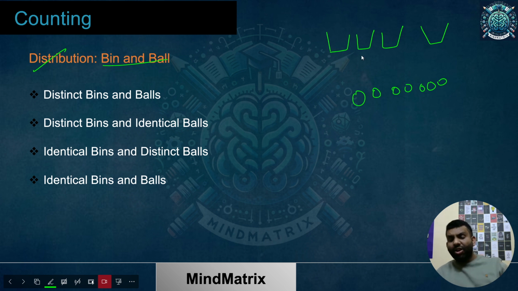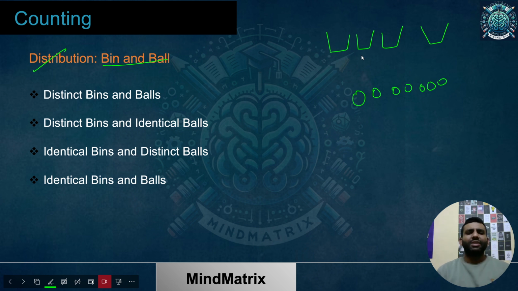And analogous to this, we can have a number of other examples as well, that instead of bins there can be people whom we are distributing something, some sweets, or some gift items we are giving them.